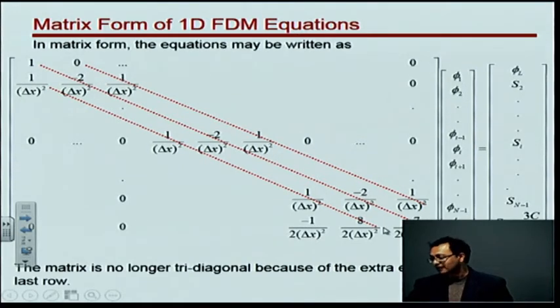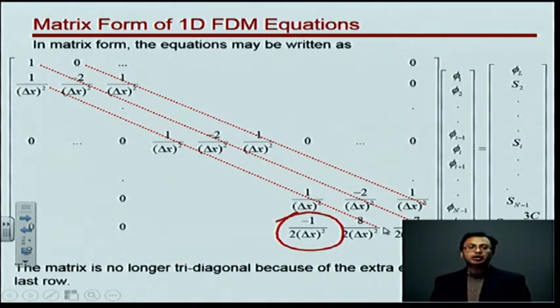Bad news is that this has destroyed the tridiagonal structure of the matrix. Good news is we have second order accuracy for all the nodes. Bad news is you can no longer use a tridiagonal solver. So again, we come back to the philosophy of no free lunch.